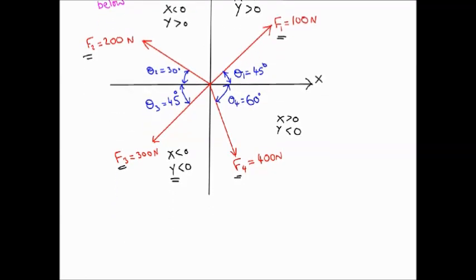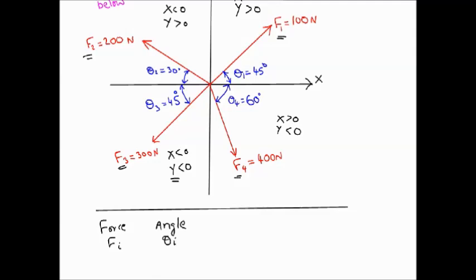Now we try to keep track of the components in a table as shown here. We have columns as indicated. We have one column to keep track of force, which we indicate by i, and another column to keep track of angle, which we indicate as theta i.